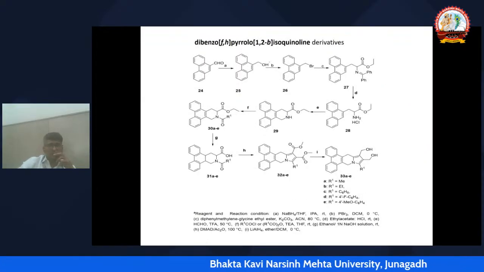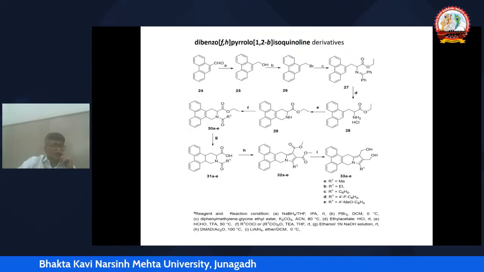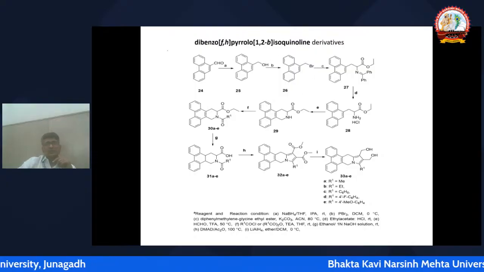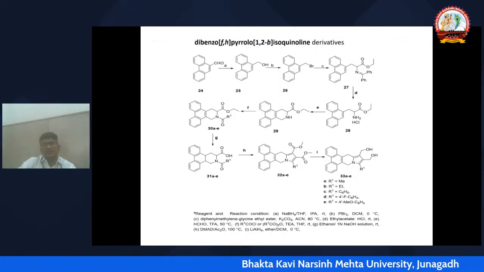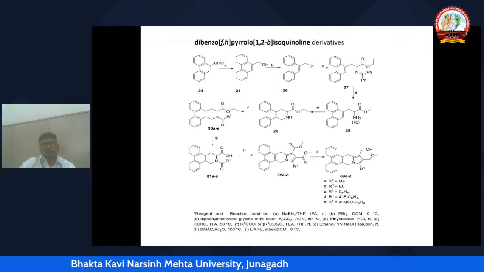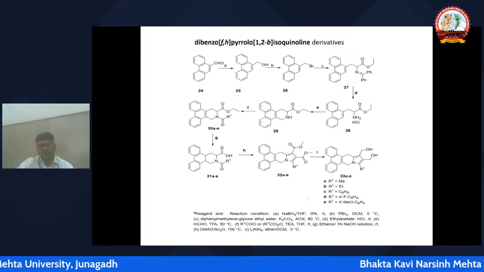After that, we have the design of the class 2 series, but this is a very long scheme. Initially we have taken phenanthridine aldehyde as a starting material, then this phenanthridine aldehyde, compound number 24, is reduced from aldehyde to alcohol by using sodium borohydride.